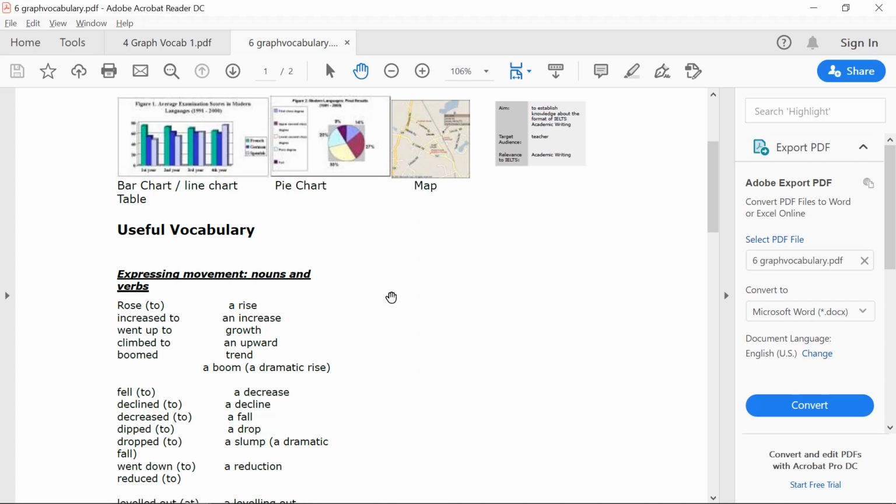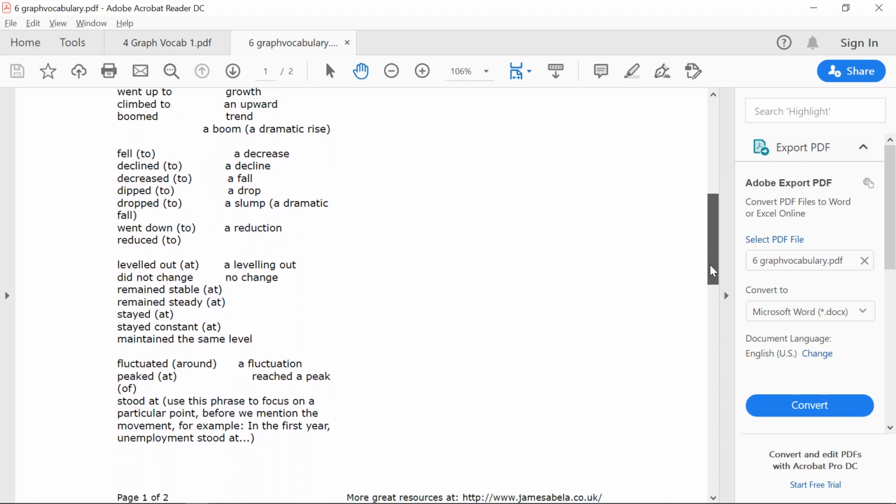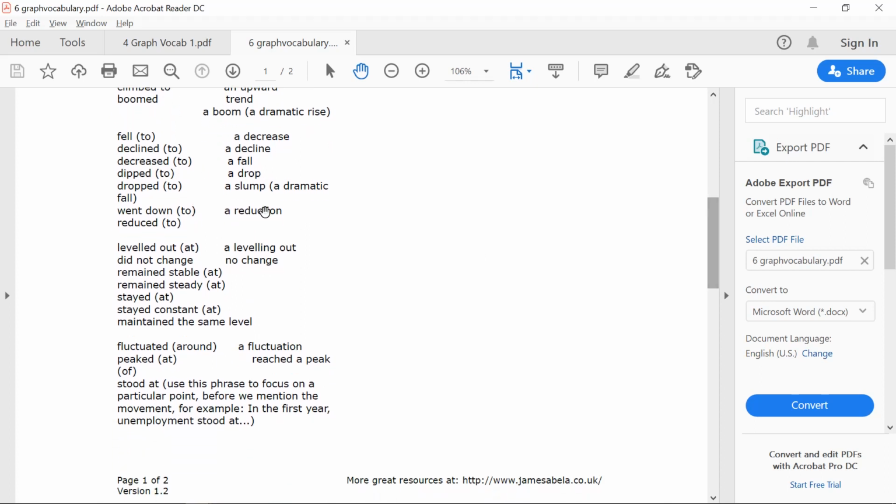Similarly, for a decreasing trend, you can say that population fell, or the prices of certain things fell, or the consumption of a certain item fell, or there was a decrease in the consumption of the item, or there was a decline in the consumption of an item. So, these phrases are very handy. If you just glance through them once, you can understand what it means when something leveled out or did not change.